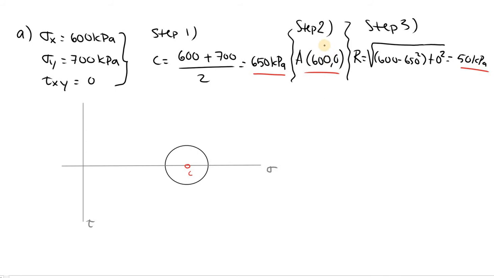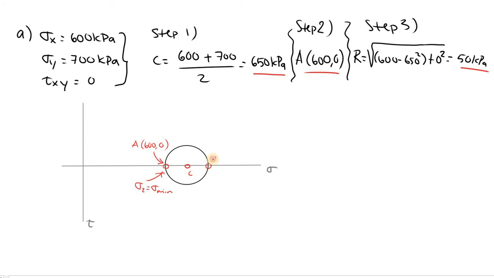From this, we can also put where we have our reference point A, which is at 600. So what we'll find is that this is our reference point A, which is located at 600 and 0. But this is also our principal stress too, which is the same as our minimum principal stress.